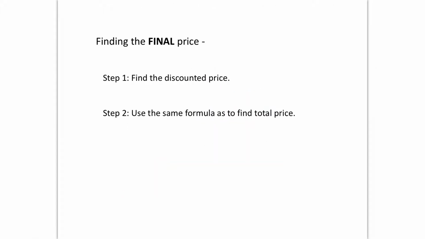Now let's say that you guys want to find the actual final price with the discounted price plus taxes. So that's a daily thing that you guys might see when you guys go to a store. You like some item, might be clothes, it might be electronics, or a toy, or a game, and you have a discounted price.